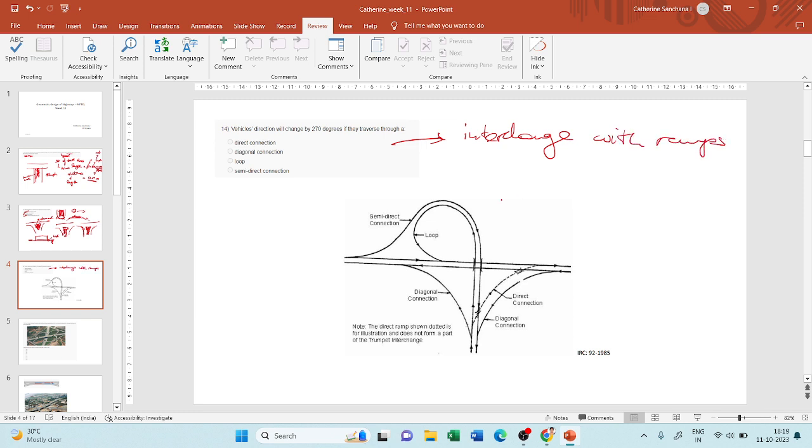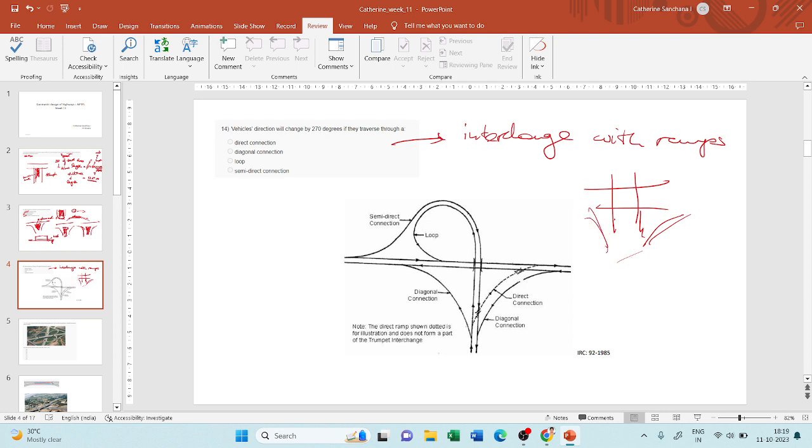Okay, so last week we saw that at an intersection, if you want to provide the highest level of safety, then you will go for an interchange, and this interchange can be either with ramps or without ramps. So if it is with ramps, it means that two roads are crossing each other at different levels, but access to one road from the other will be provided with the help of ramps.